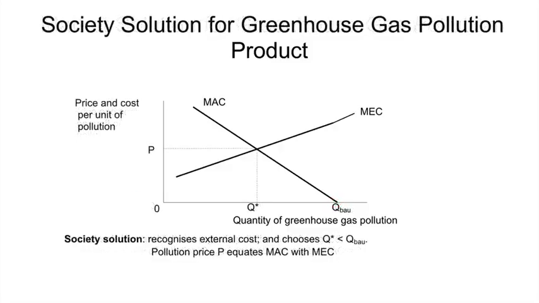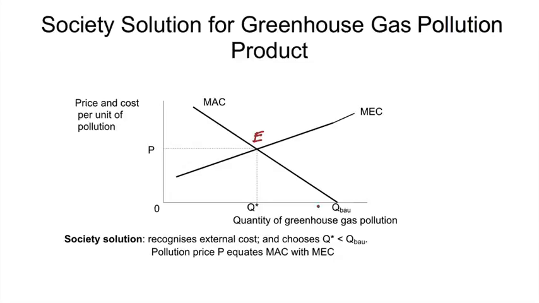Now, if I bring in and recognise that pollution costs me, that is, I have the marginal external cost curve for pollution, and I want it equated with the marginal abatement cost of pollution, then I'm going to choose an equilibrium point here, E, where the marginal abatement cost of pollution, of reducing pollution, is just equal to the marginal external cost.